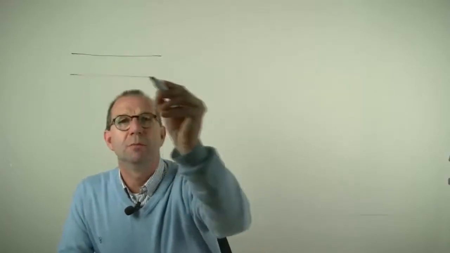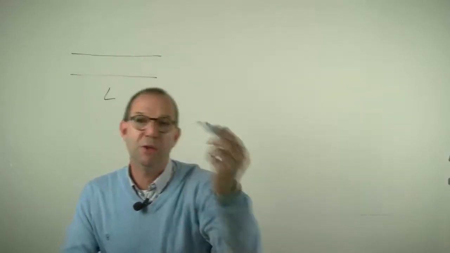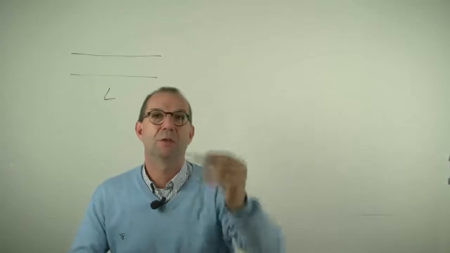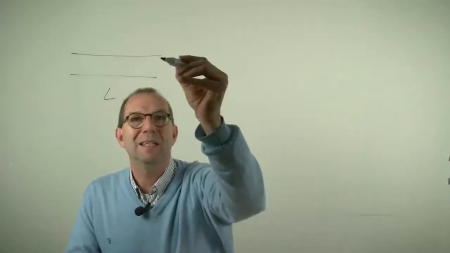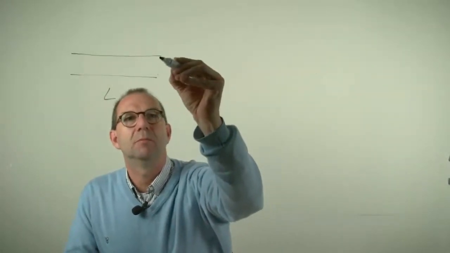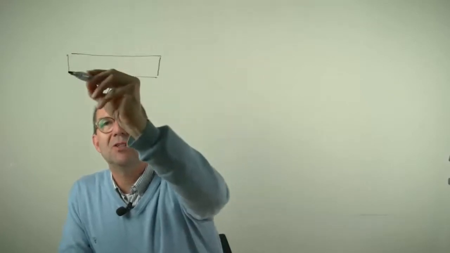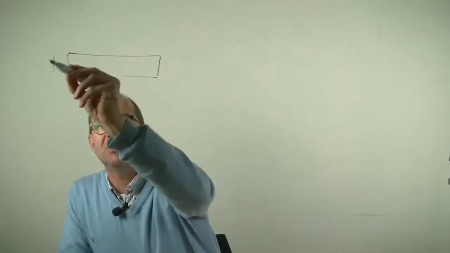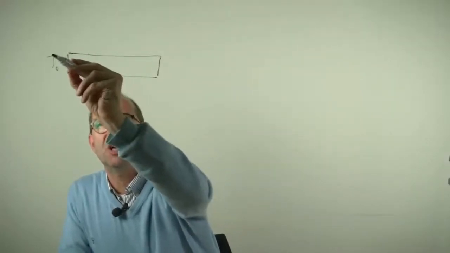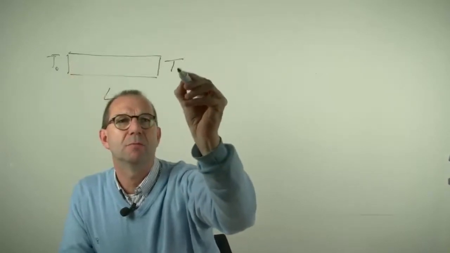This is the rod of length L. You may think of it as just a cylindrical shaped rod. At the ends it is held at a fixed temperature T0, same on both sides.